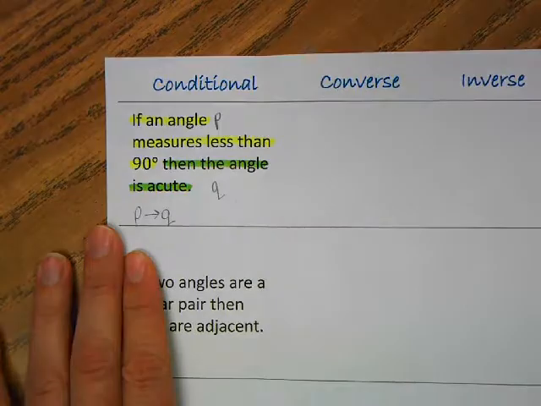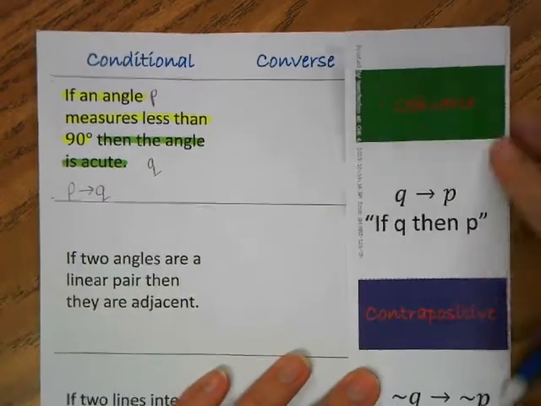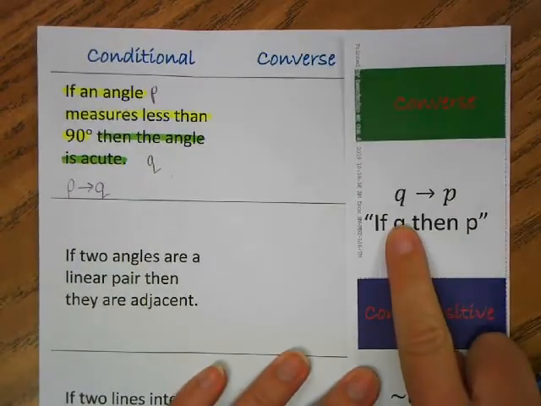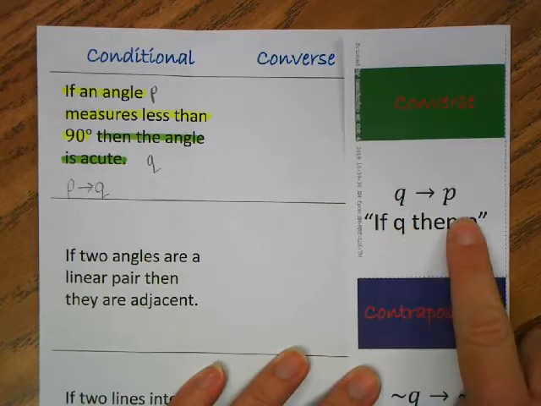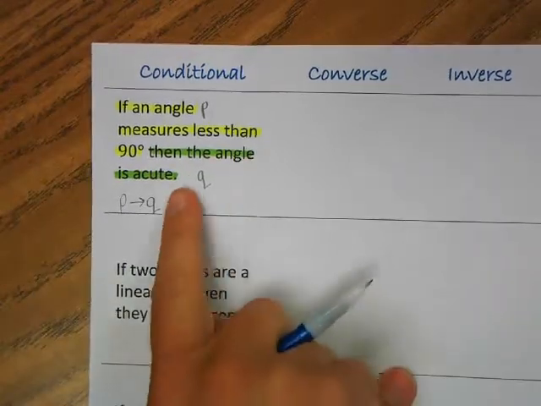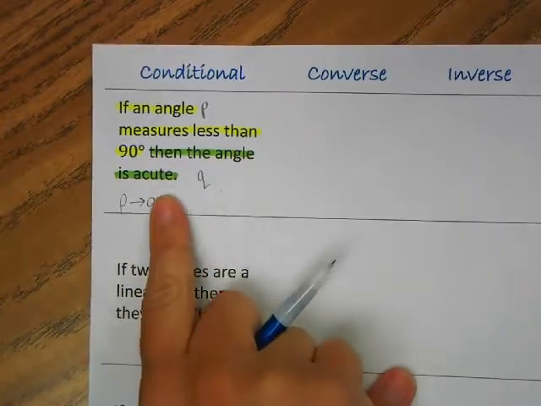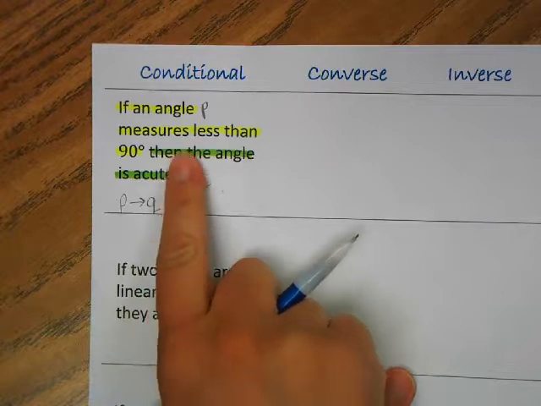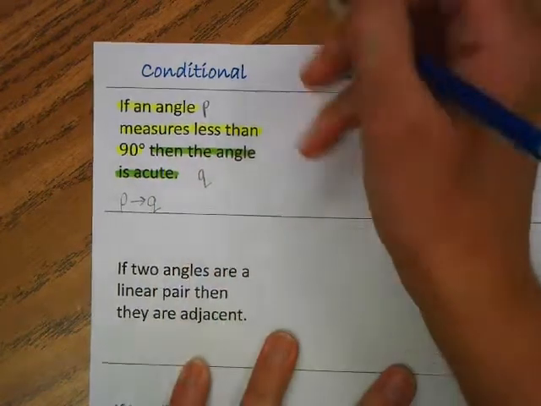The converse, if you need a reminder, is just reversing it. So the conclusion is going to come first and the hypothesis is going to come second. So now you're going to say if an angle is acute, then it measures less than 90 degrees.